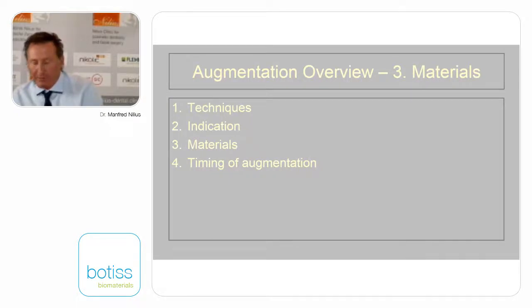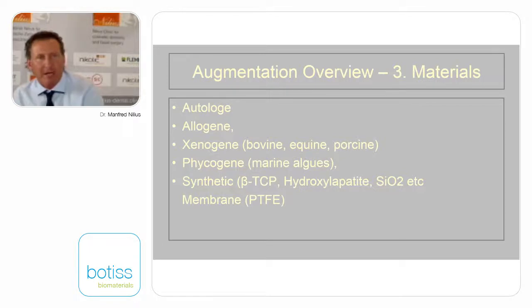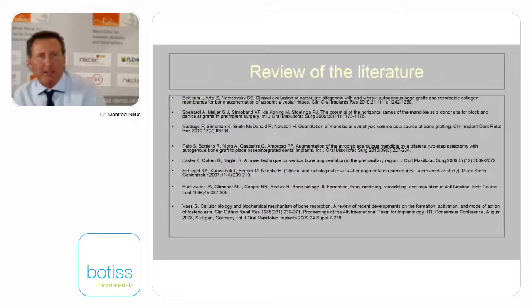There is a lot of information in the literature about the materials. To sum it up, we can do it autologous from the patient, or we have it allogenic. There are different possibilities to mix it with gelatine, bovine, equine, and porcine materials, or phycogenic materials from the algae, and, often used in Germany, beta-tricalcium phosphate or hydroxyapatite or different other things, and membranes made of Teflon or polytetrafluoroethylene.